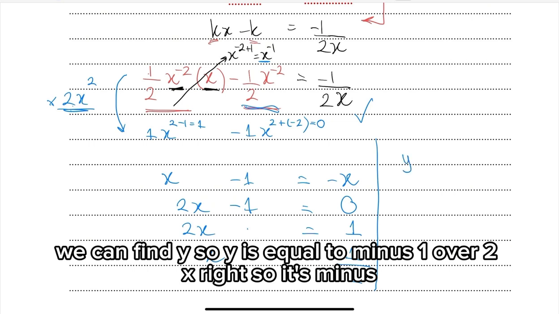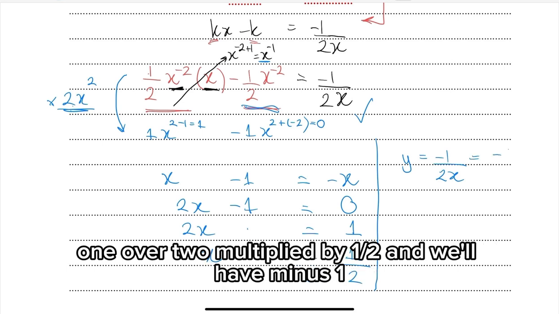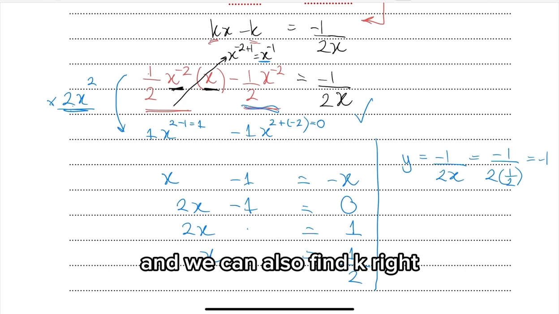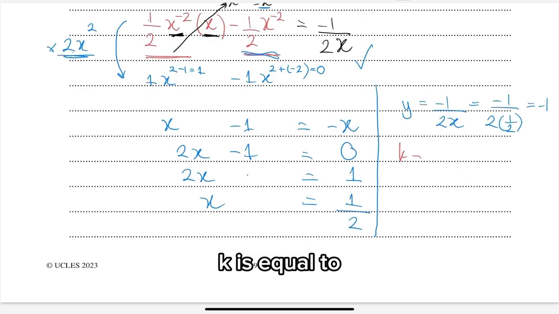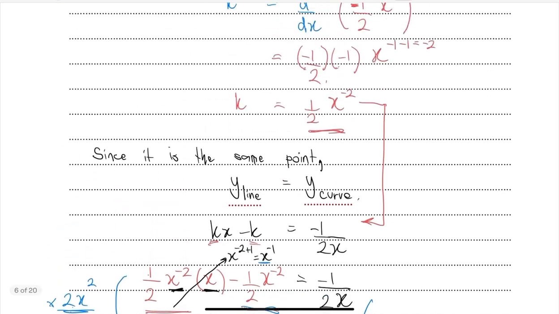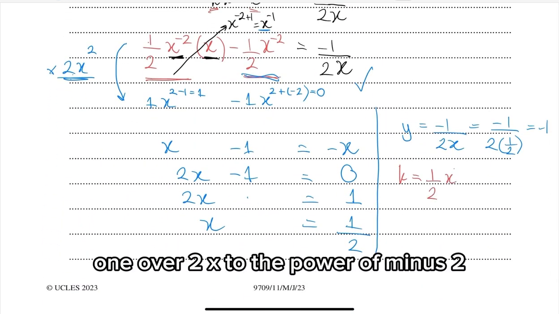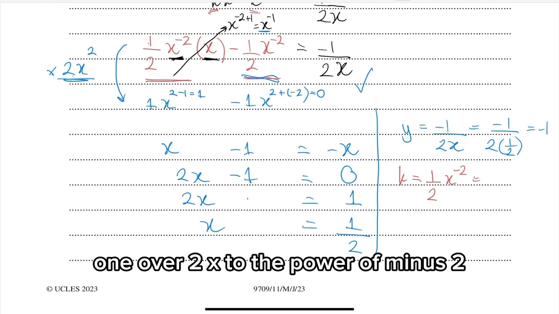We can find y. So y is equal to minus 1 over 2x, right? So it's minus 1 over 2 multiplied by a half, and we'll have minus 1. And we can also find k, right? K is equal to 1 over 2 x to the power of minus 2.